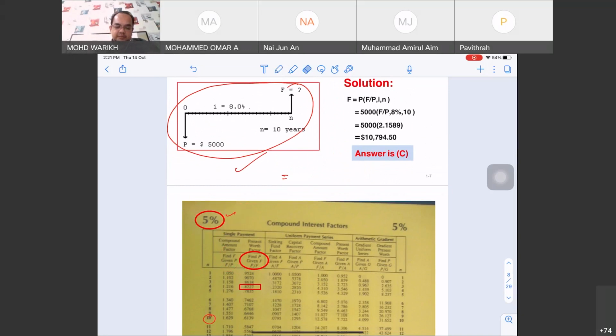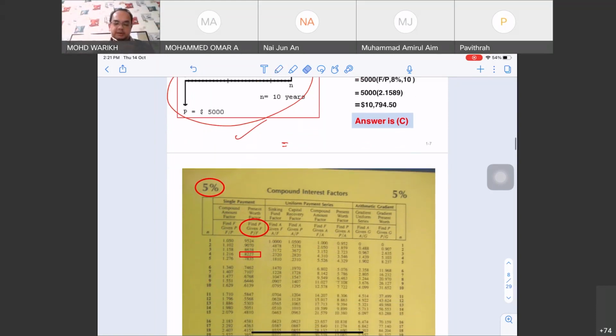Excuse me, doctor, can you explain again about how to find? I explain again, no worry. Okay, I explain again, refer to this table example, right?